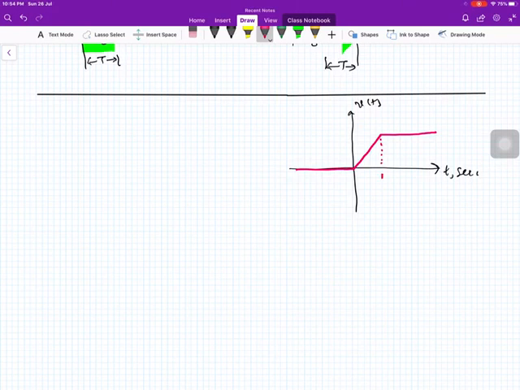Say this is 1 second and this is 10. Then how can we represent this waveform mathematically?